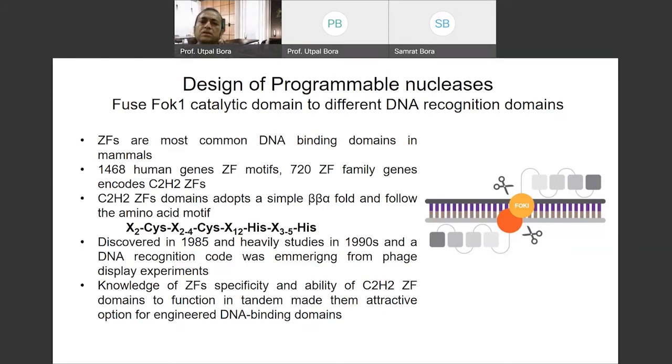This knowledge that was being gathered made them create these zinc finger arrays, which will cut the DNA at the sites of interest.